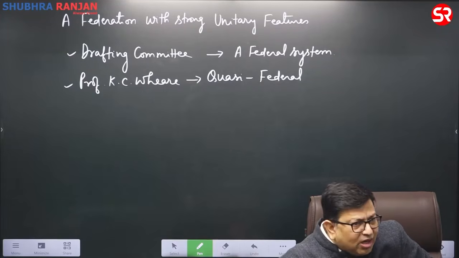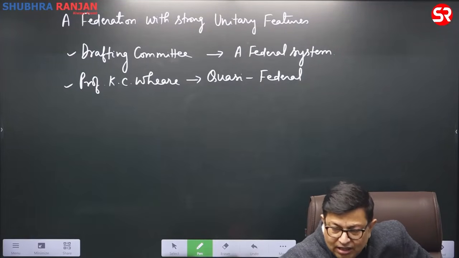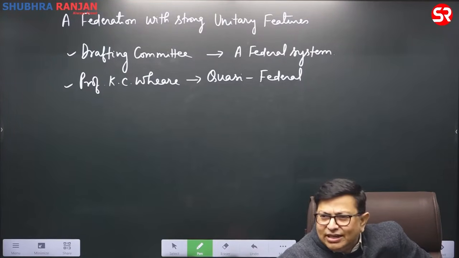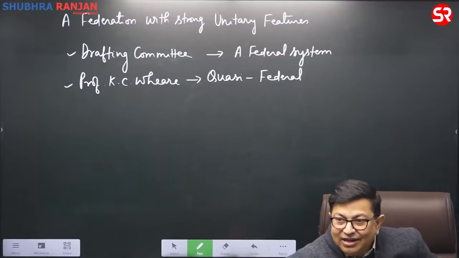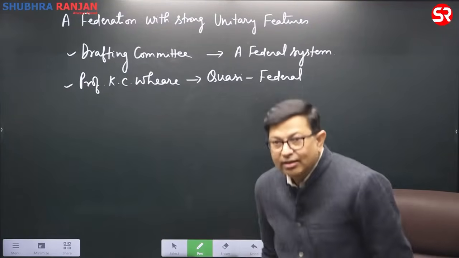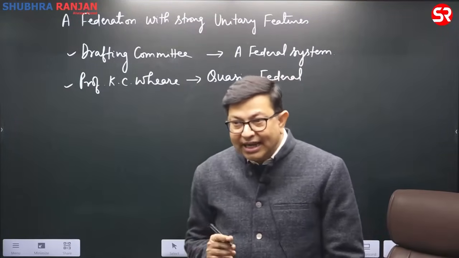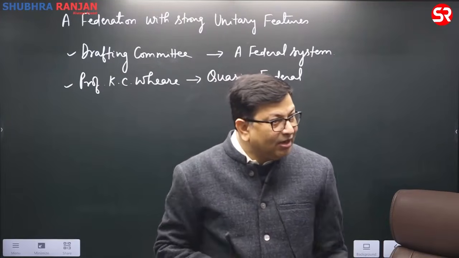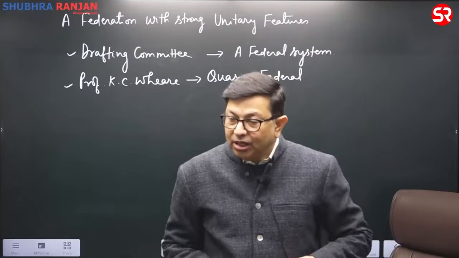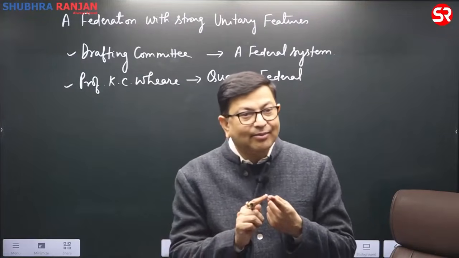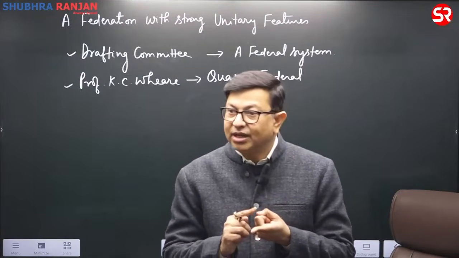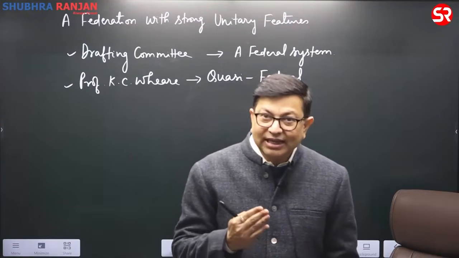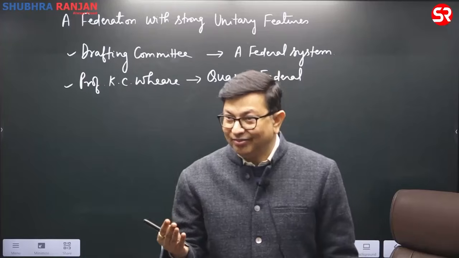Why? Because we were a country having a multicultural society, a plural society. And in a plural society, you have to take diversity into consideration. From Kashmir to Kanyakumari, the whole country is divided in the name of religion, language, caste, and regional aspirations. So that is why we followed the Canadian model.